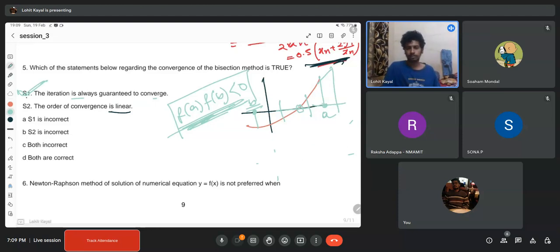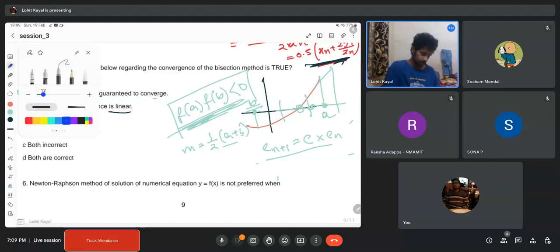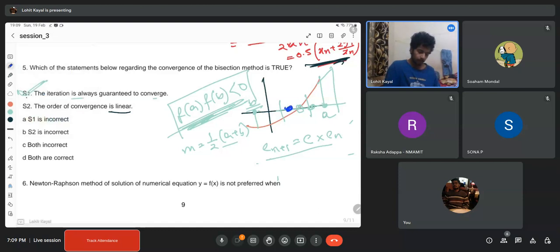But this convergence procedure is slow, because here e_{n+1} equals some constant times e_n, since we are reducing the gap, this distance. My next choice will be m equal to half into a plus b. The middle point may be somewhere around here, so I reduce the error by half.